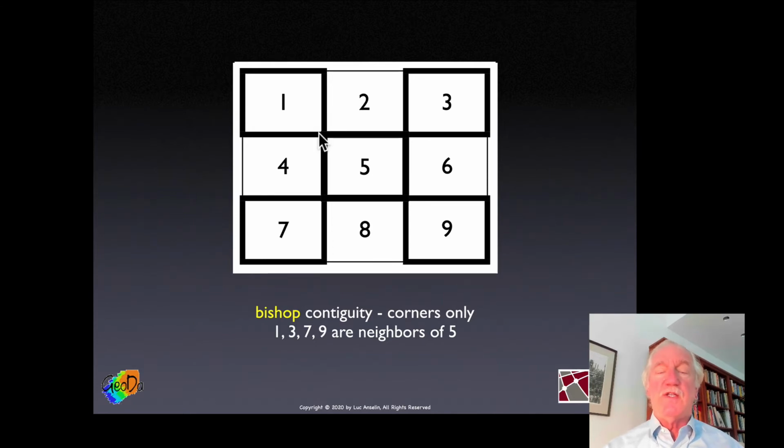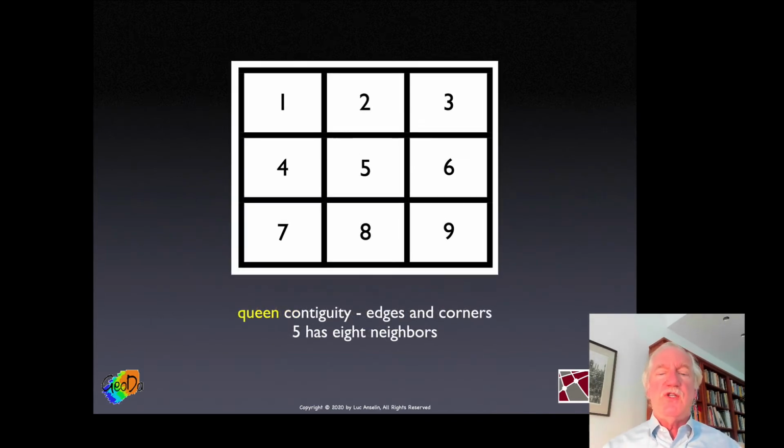Rook, common sides. Now, what happens if we combine these two criteria? And so think of chess. What is the piece that can move both up and sideways, up, down, and sideways, as well as diagonal? That's the queen. And so queen, definition of contiguity, common neighbors, has both the 4 that have a common side, as well as the 4 that have a common corner.